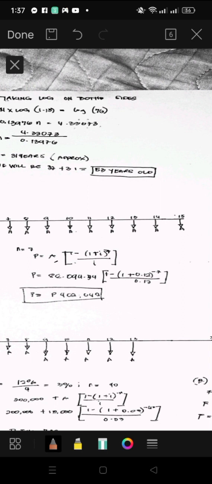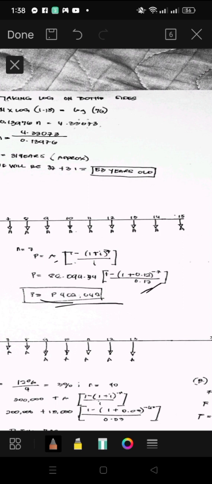So that is the principal still unpaid after he has made the 8th payment.